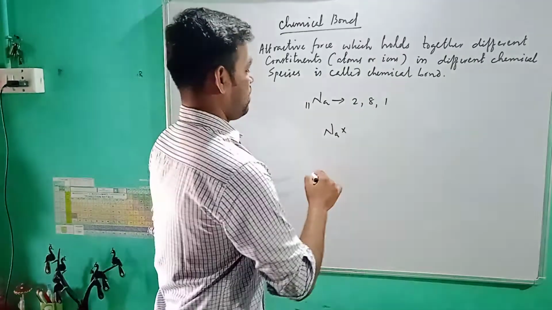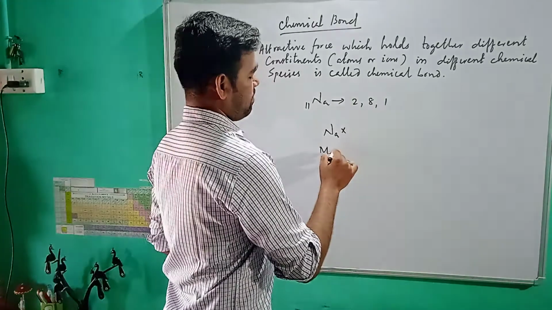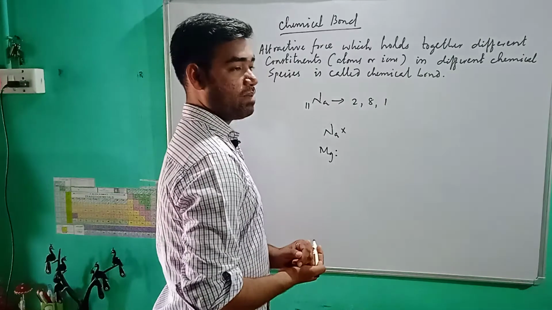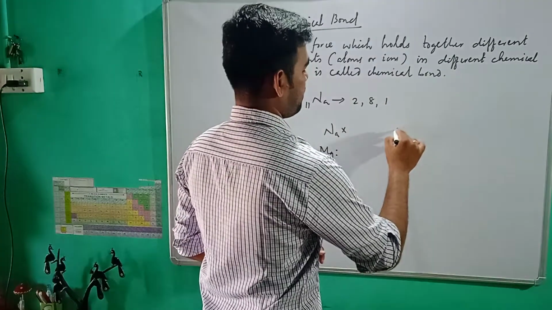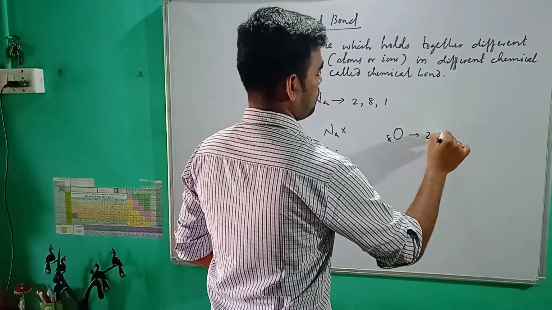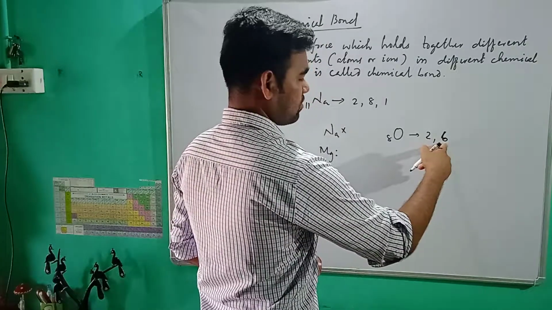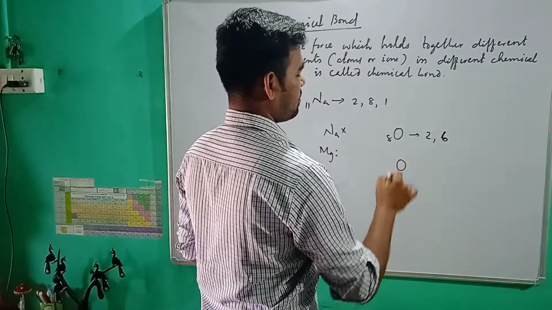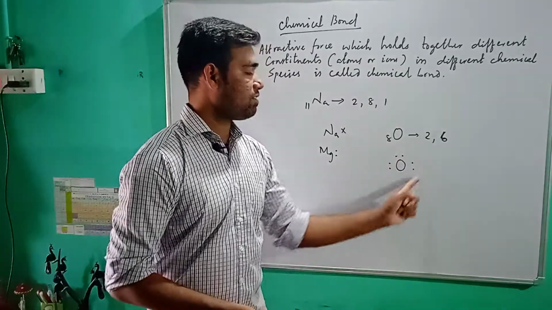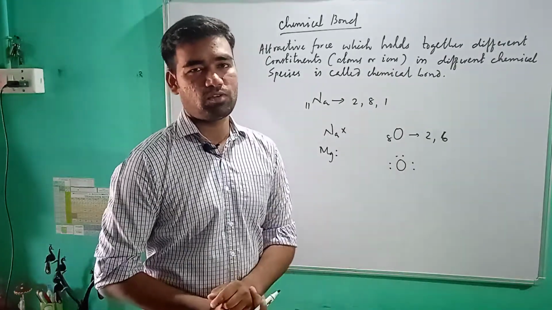If I'm writing the valence electron of magnesium, it has 2 valence electrons, so I'll be placing 2 dots or 2 crosses around magnesium atom. Suppose oxygen atom, it has atomic number 8, its configuration is 2 and 6. So there are 6 valence electrons. I have to put these 6 valence electrons around oxygen atom like this. So this is how we have to represent the valence electrons initially, in the beginning, to understand chemical bonds.